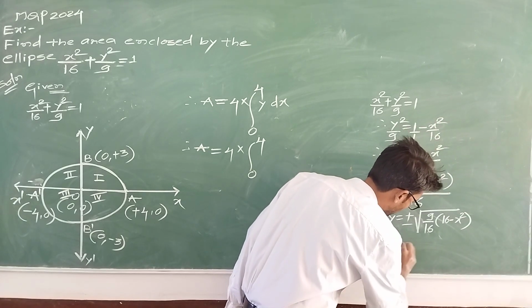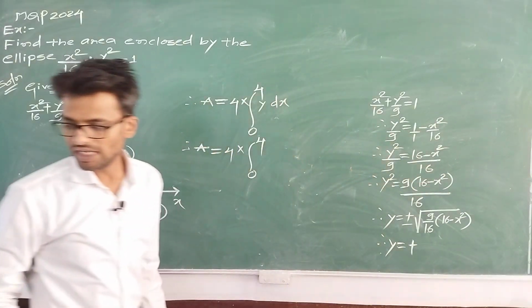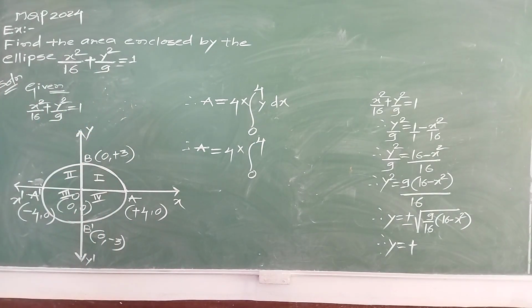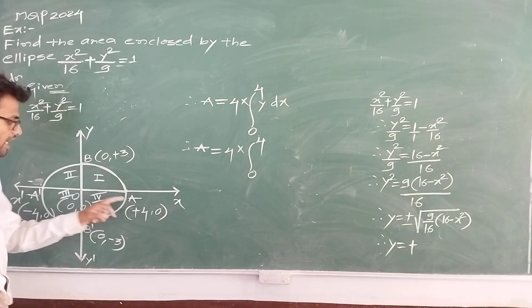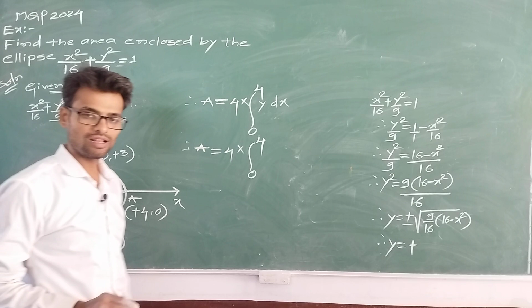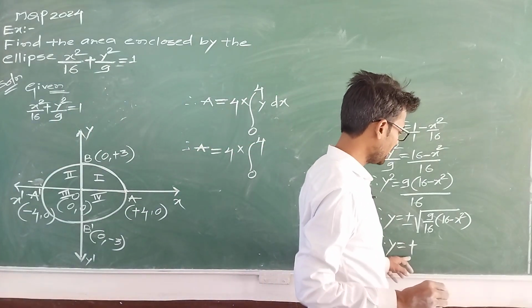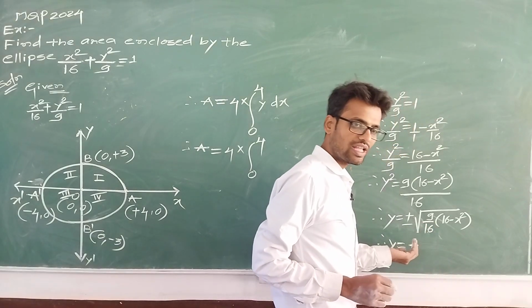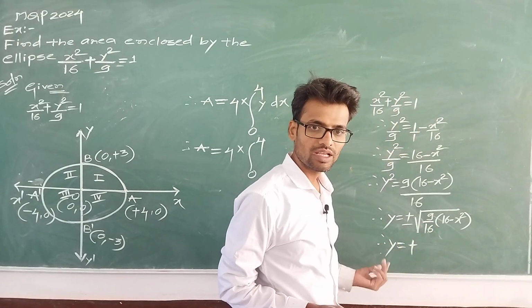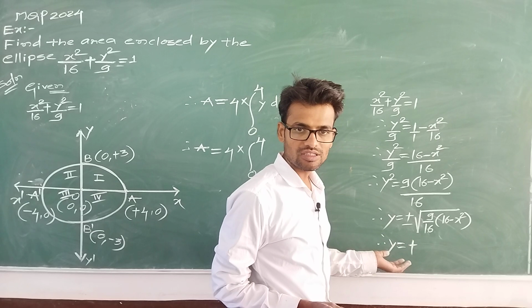So y equal to, I will take plus. Why did I take plus? That is the reason: OAB lies in the first quadrant, and in the first quadrant both the values of x and y are positive. Hence I am taking here the value of y as plus. After that you take 9 by 16 outside the root. 9 is a perfect square, 16 is also a perfect square.